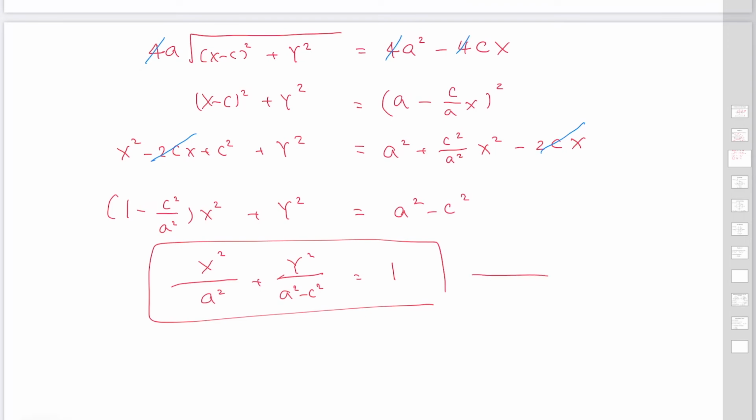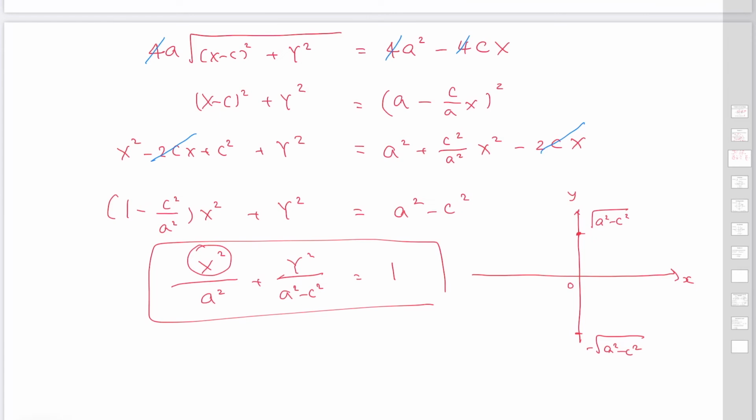So if you draw this curve on the x, y coordinates, if you substitute x equals 0 here, then y equals the square root of a squared minus c squared. It should cross this point, and the minus square root of a squared minus c squared.